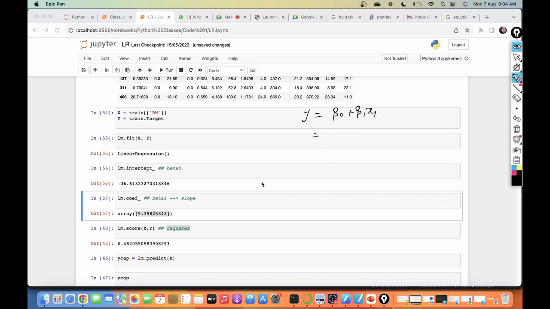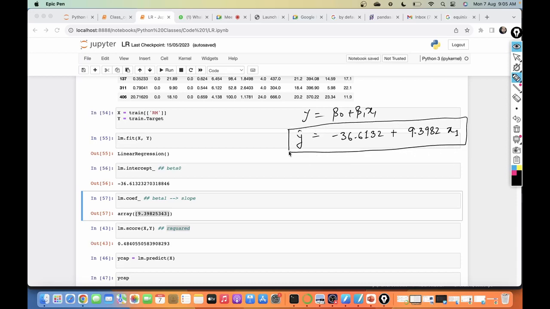The beta naught value is minus 36.616132, plus beta 1, the coefficient, which is 9.3982, into the x1 value, meaning the rm value. One by one you can put the rm value inside this and get the predicted y for each and every rm value. This is the equation we have formulated.